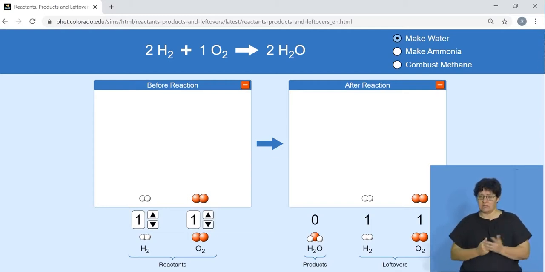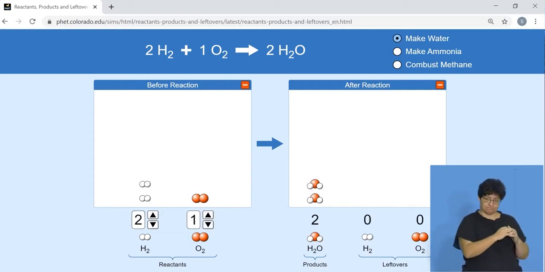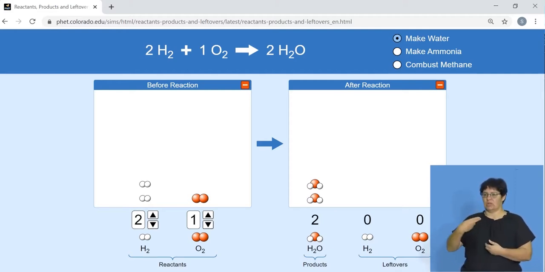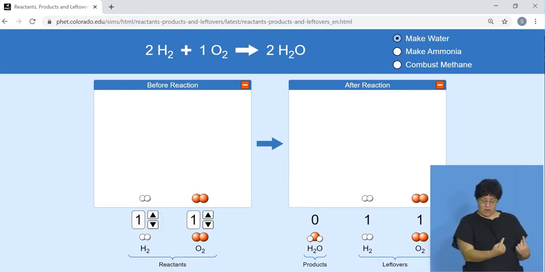Unless we put a certain number of hydrogen molecules, 2 units of the products are formed. If we had 1 of each, there is no product that forms. So this speaks to the stoichiometric ratio in which they react.